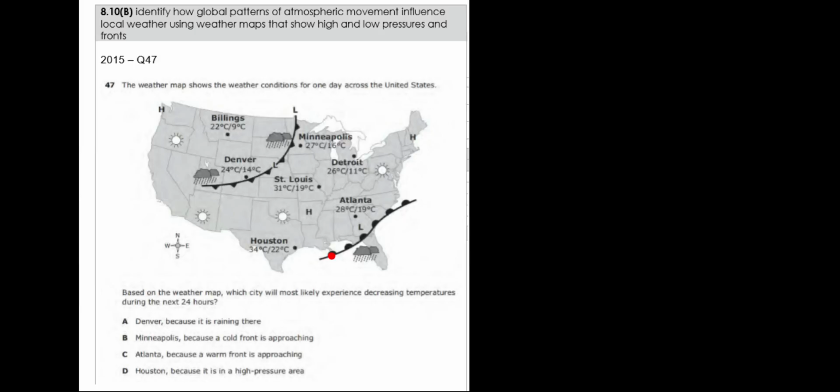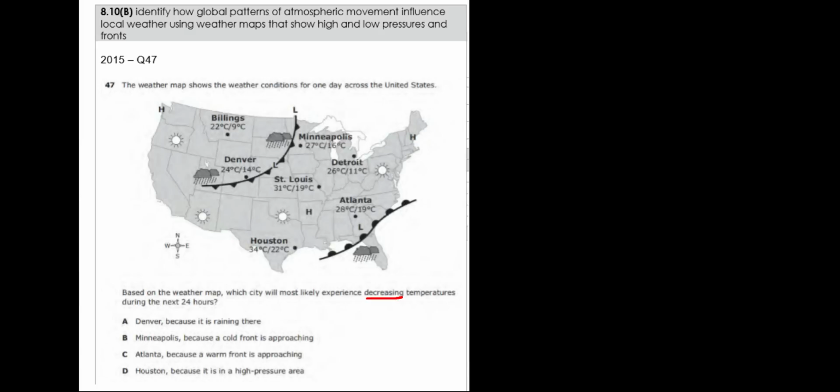So looking at our question, it's asking us about, based on the weather map, which city will most likely experience decreasing temperatures. And the key word there is decreasing. When we're looking at this word, we know that decreasing means that it's going down.